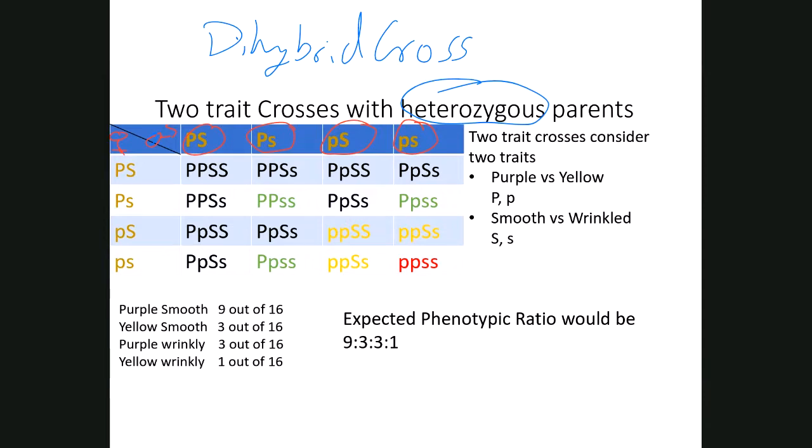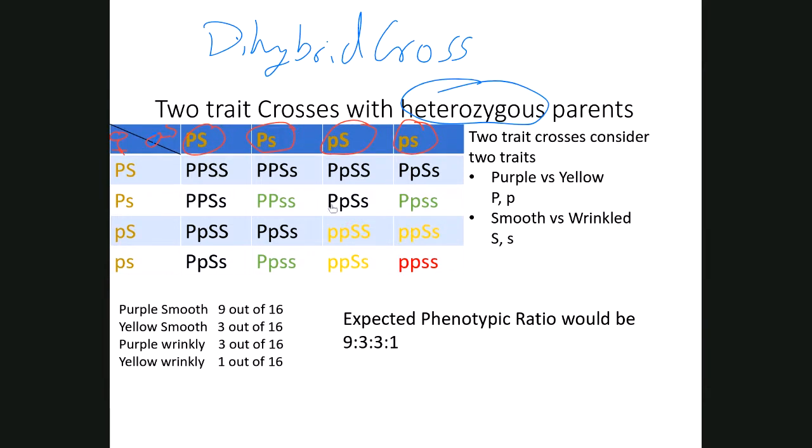So what we see here is a big P by big P, big S by big S. Big P by big P gives you big P. Big S by big S, and so on.